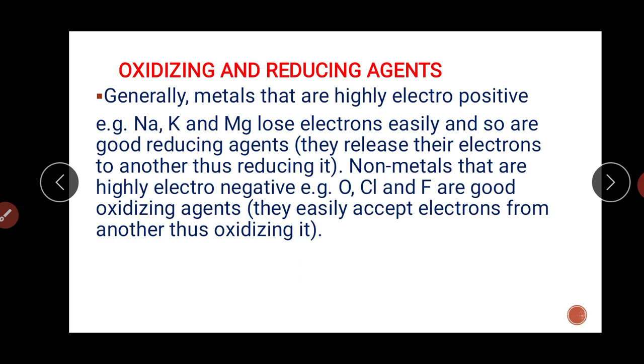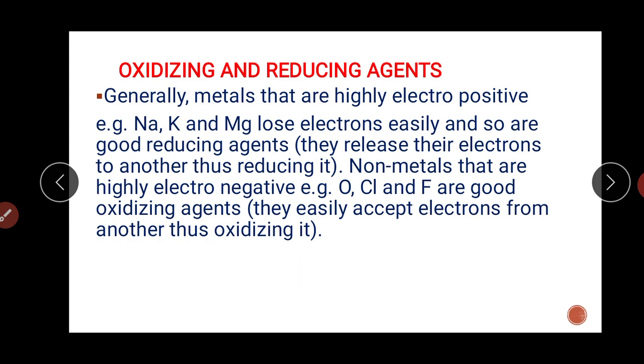Non-metals are highly electronegative, like chlorine, fluorine, and oxygen. They accept electrons, so they are good oxidizing agents. So any material that accepts electrons is an oxidizing agent, but the one that releases or loses electrons is said to be a reducing agent. So please take note of that. Metals generally are reducing agents because they give out electrons.